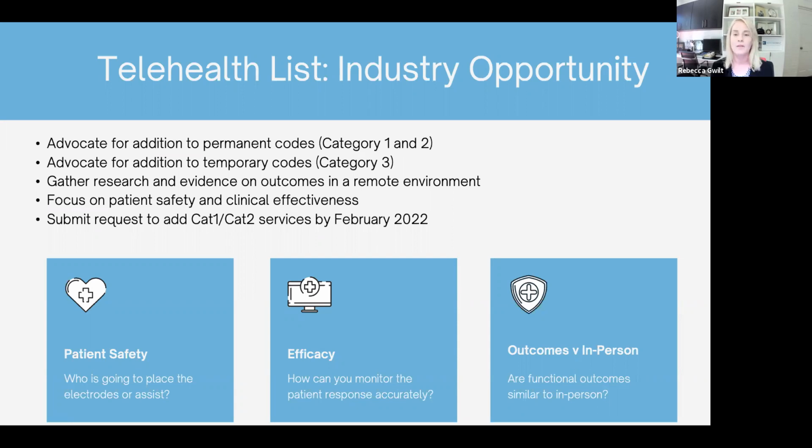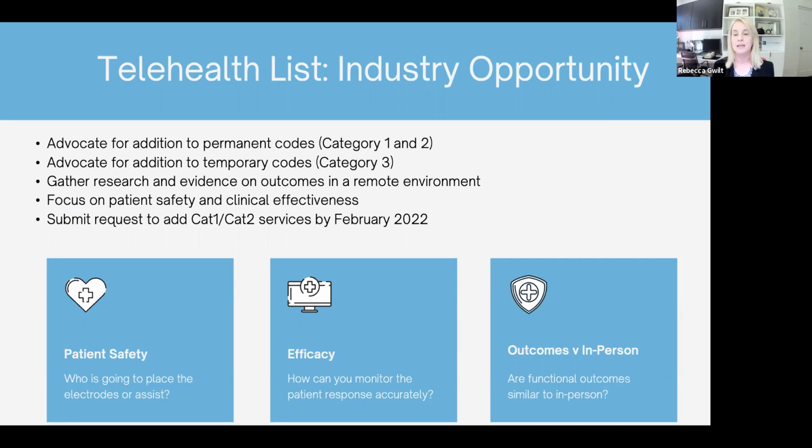There were a lot of descriptions of the justification that CMS used not to add these codes permanently that said to me, commenters really need to look at exactly what CMS is evaluating, and they need to really educate the agency.